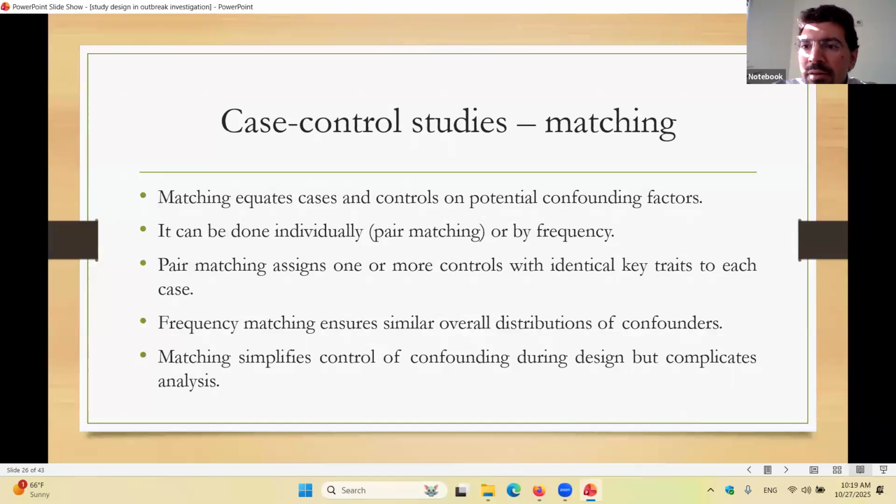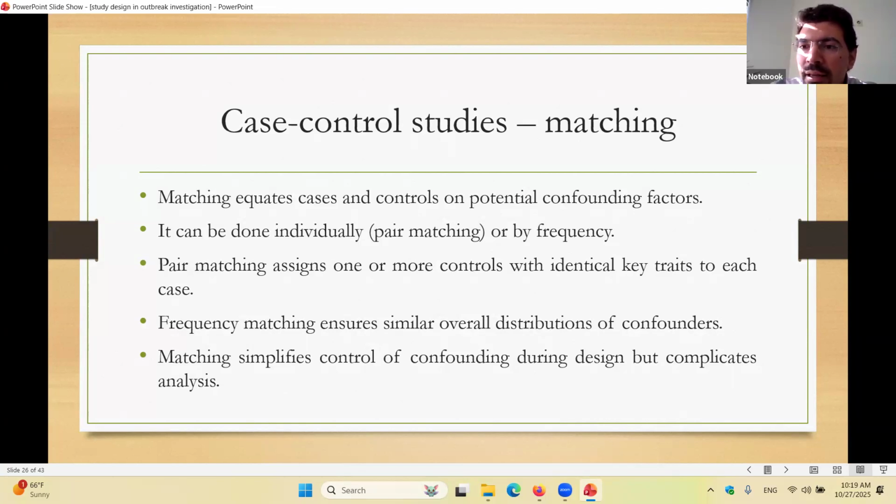And we also have three methods at the analysis level, as you asked: stratification, regression modeling, and instrumental variable analysis. Stratification is that you conduct a stratified analysis.